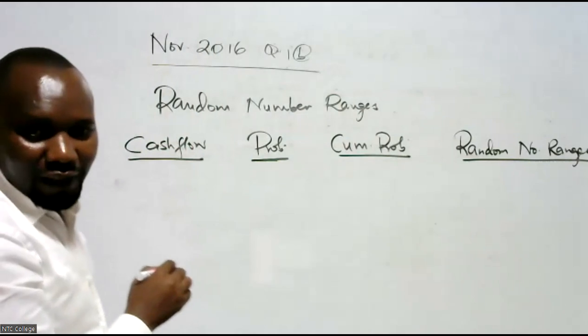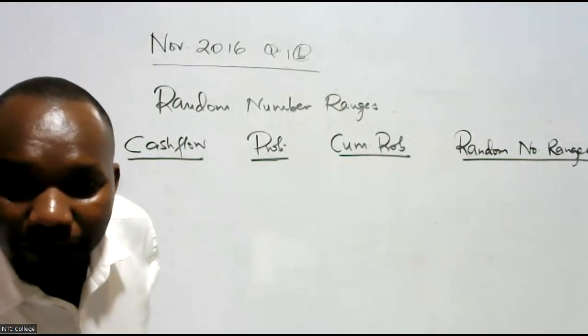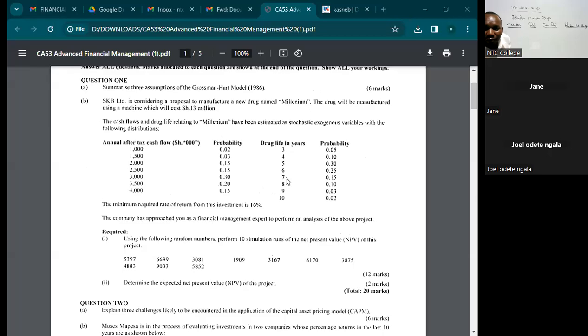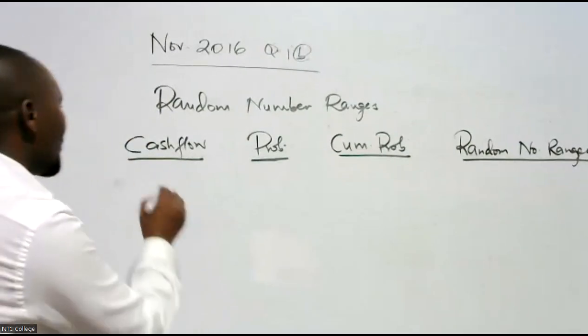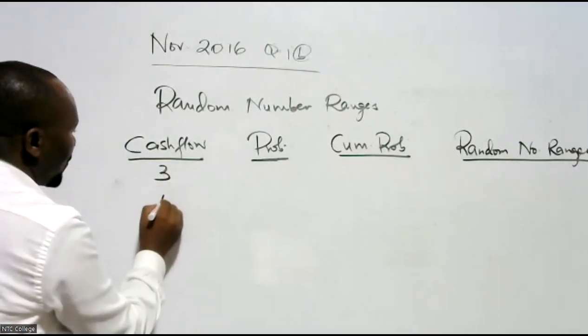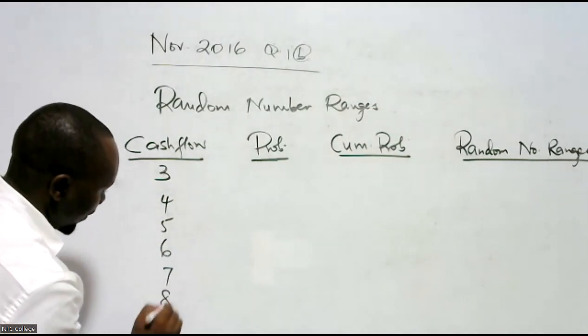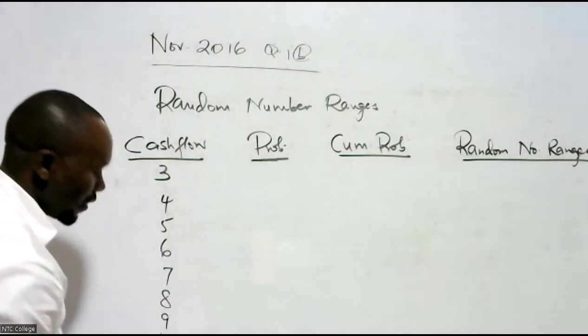So for the drag line, we are given 3, 4, 5, 6, 7, 8, 9, 10. That's quite easy.